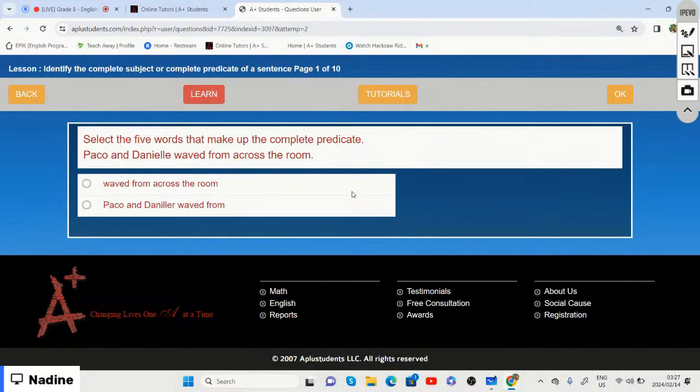So it says Paco and Danielle waved from across the room. So we need to select 5 words that make up the complete predicate. The action that is being done. Is it waved from across the room or Paco and Danielle waved from?